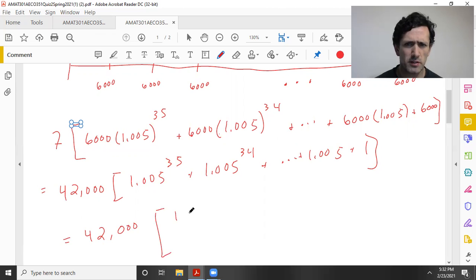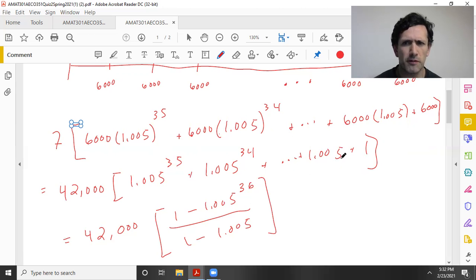It's 1 minus r, where r is 1.005, to the n plus 1. n is 35, so it's 36, over 1 minus r. There's no need to factor or simplify anything.